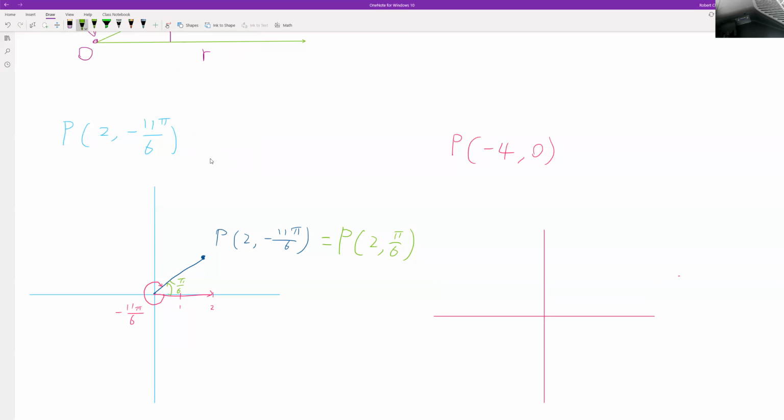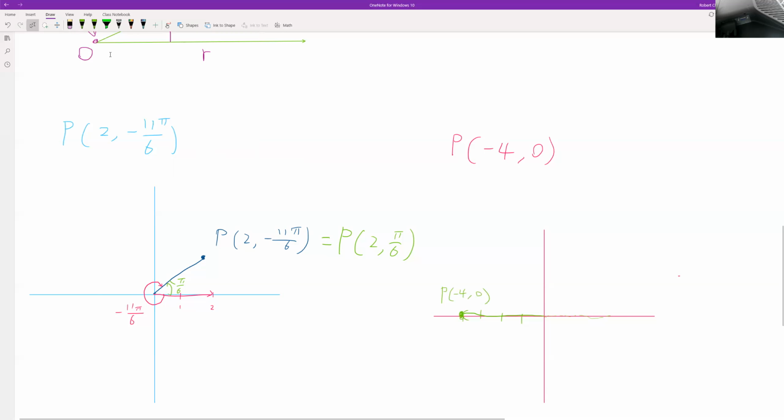Now we know to the right is positive, so negative will be -1, 2, 3, and 4. So we are actually working with this line right here. You can think about it as stretching it to the right. We have this whole line, but the part that we actually care about is on the left-hand side. Now 0 means we are not rotating this ray, so P of -4 and 0 will be right here.